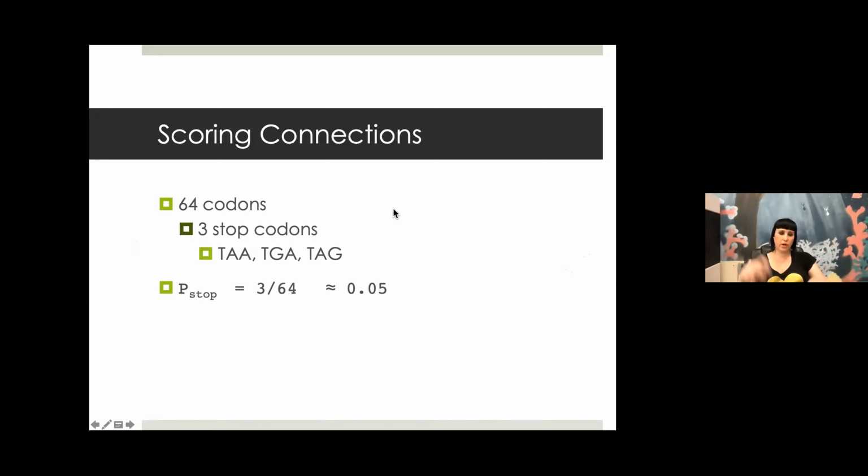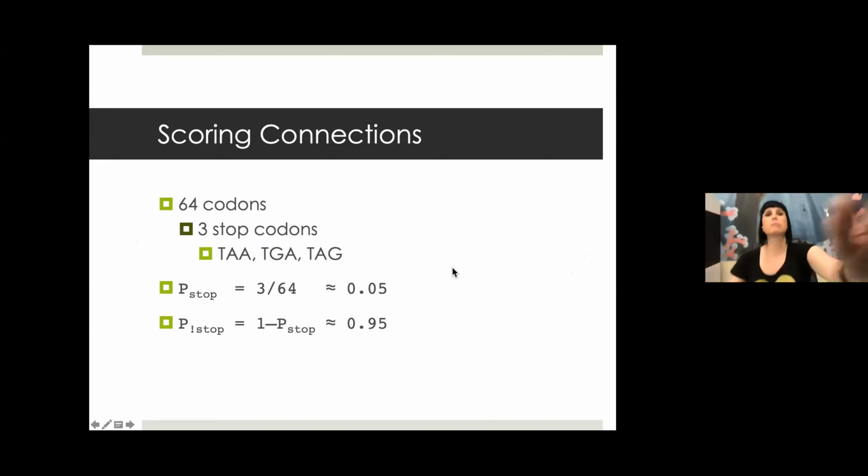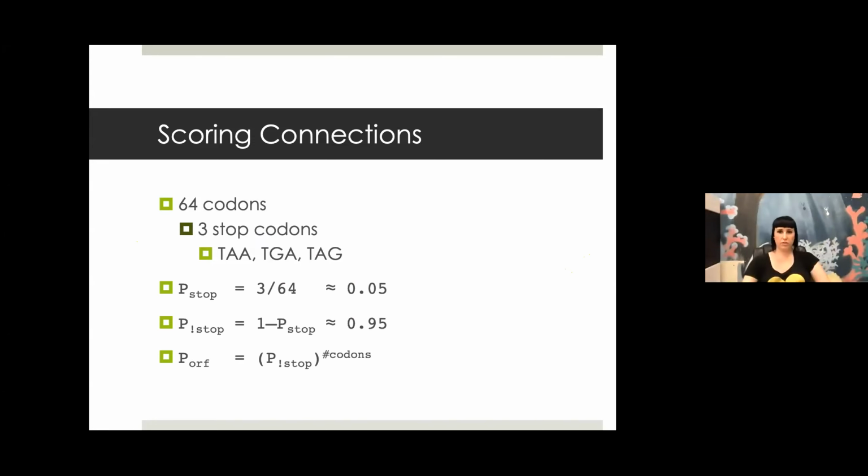Conversely, the probability of not encountering a stop codon is 1 minus that, so 95%. Therefore, the probability of an ORF occurring by chance alone is this P not stop, exponentiated by the number of codons.